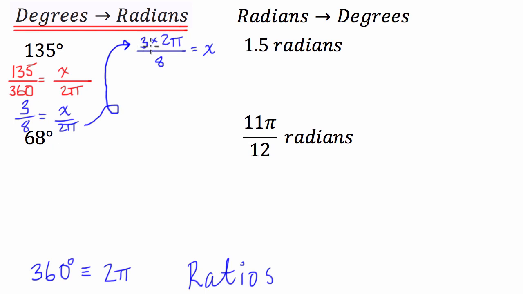So I then can just simplify this again. 3 times 2 is 6. 6 over 8 is equivalent to 3 over 4. So that's going to be 3 pi divided by 4 equals x. So what we know is that 135 degrees is equal to 3 pi over 4 radians.